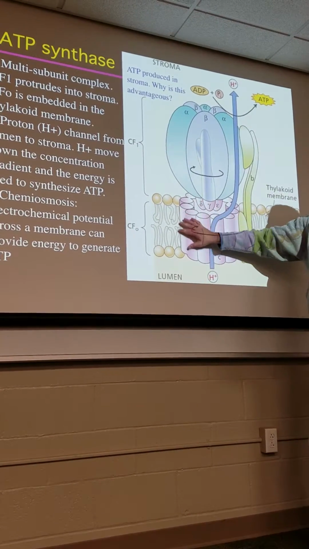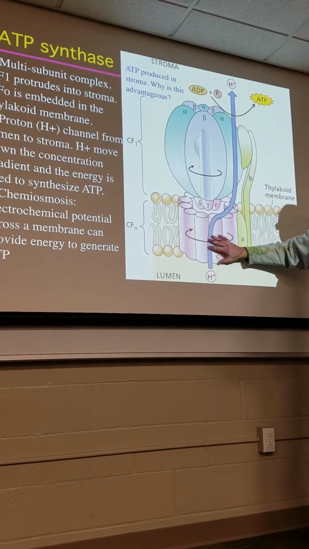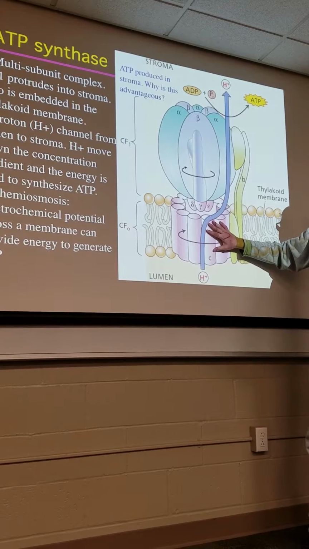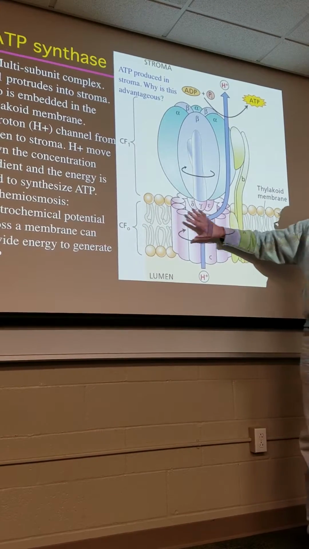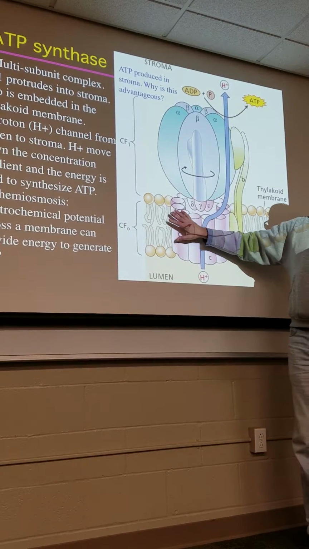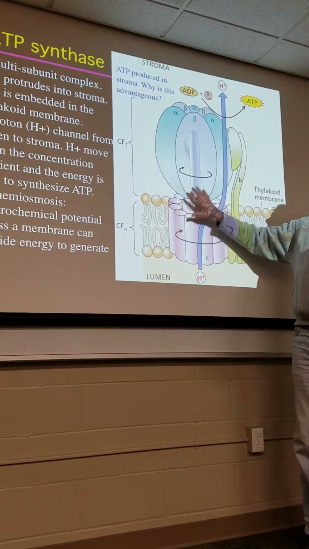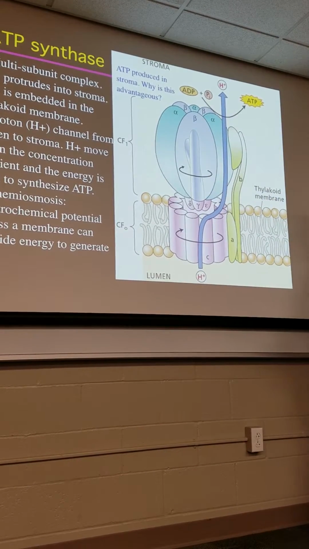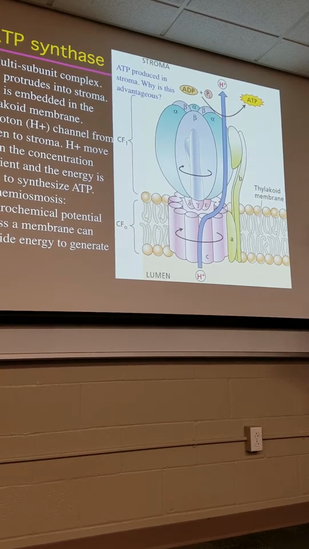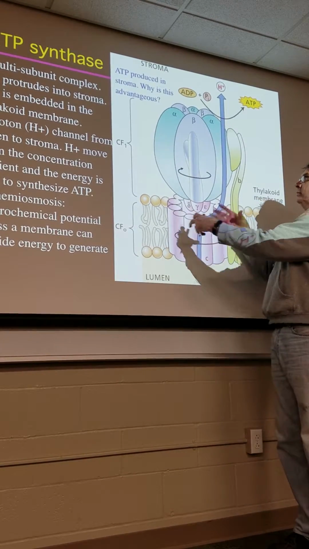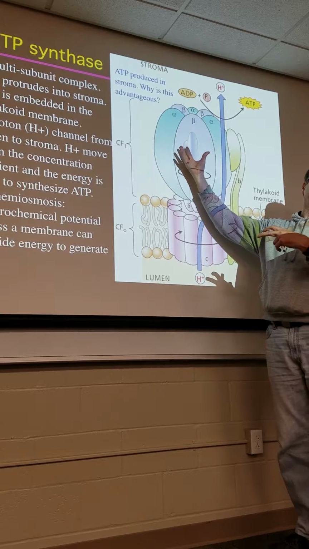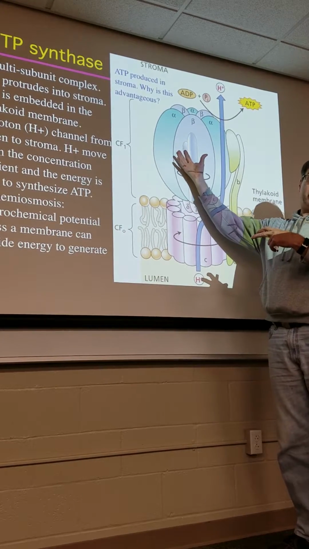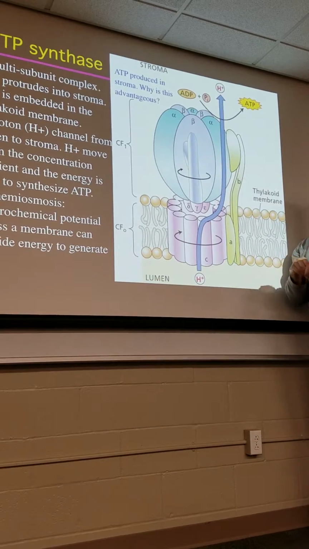This is called the CF0 portion that's embedded in the thylakoid membrane. And here is CF1. If you think of this as essentially a tunnel and a turbine, that's really what it looks like on the molecular level.